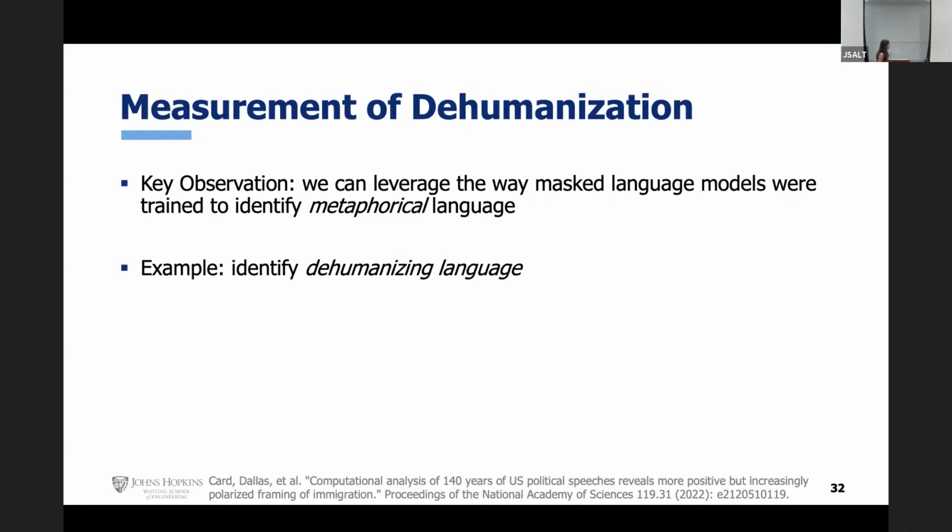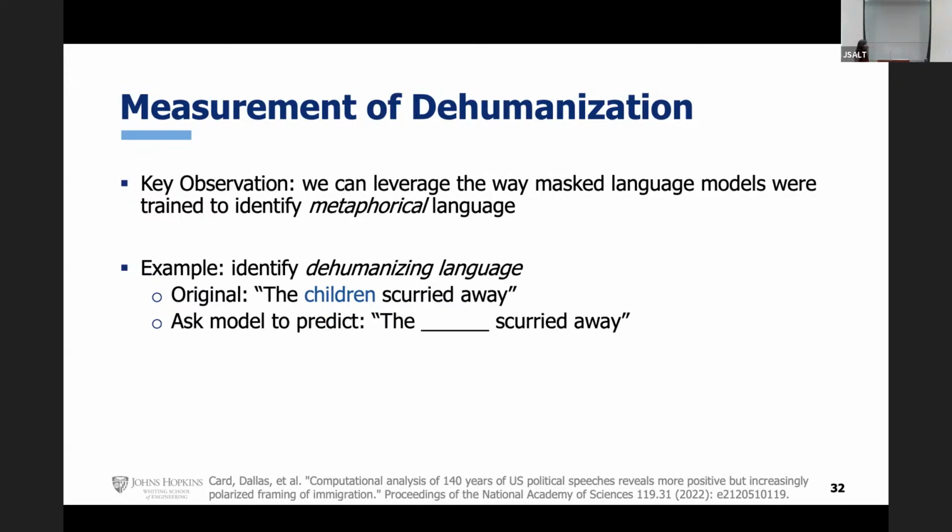They specifically focused on dehumanizing language. Subsequent work has focused on humanizing language, and you can adapt this to other settings. Take a sentence like, the children scurried away. If we mask out the word children and ask the model to predict, what do you think is a likely replacement for this masked out token?